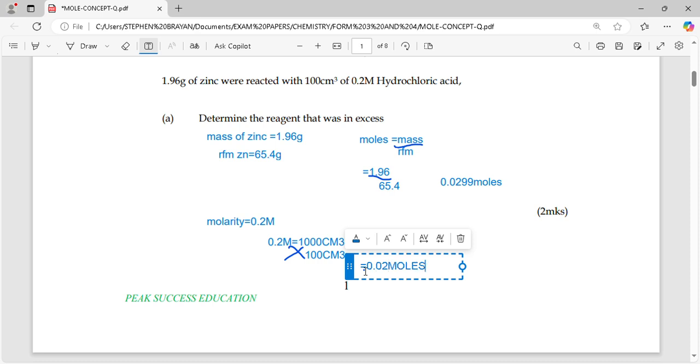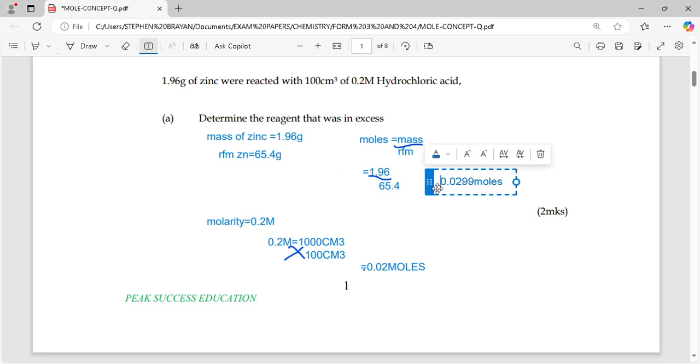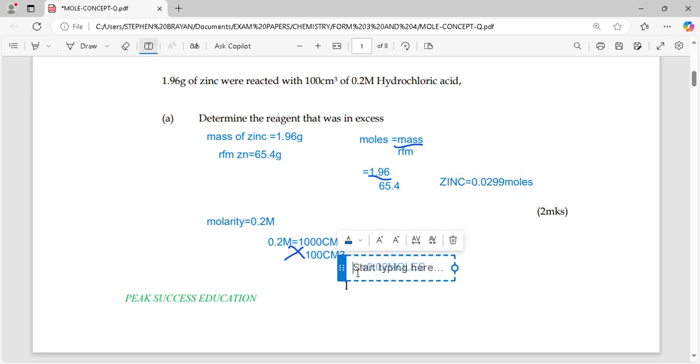Now, the question asked which reagent was in excess. Remember, these are the moles of zinc, and these are the moles of hydrochloric acid.